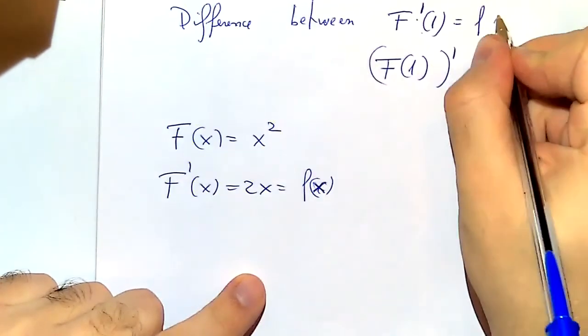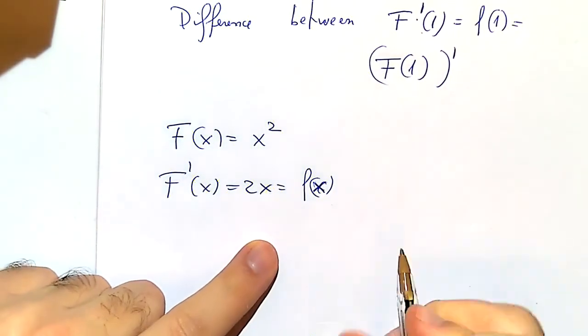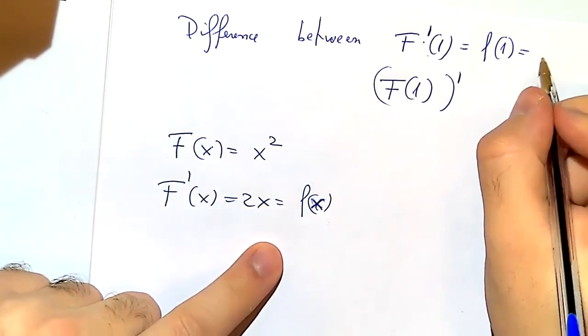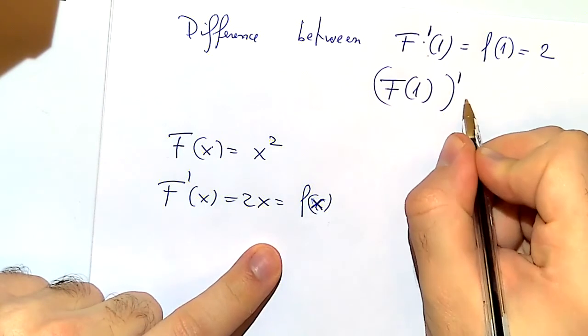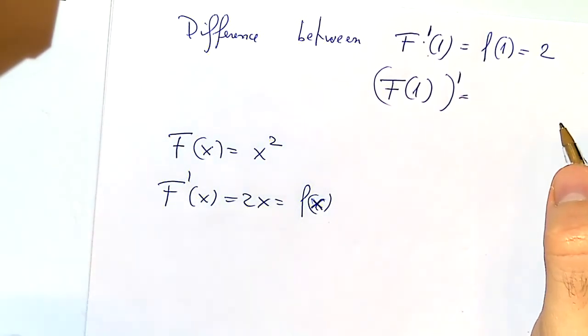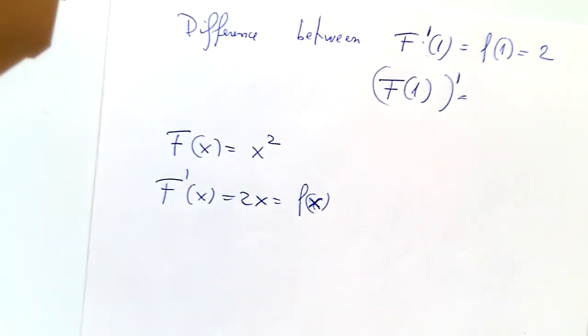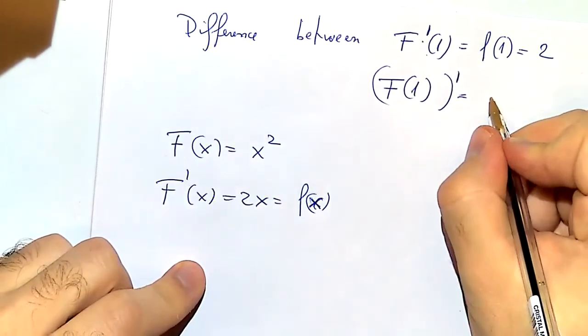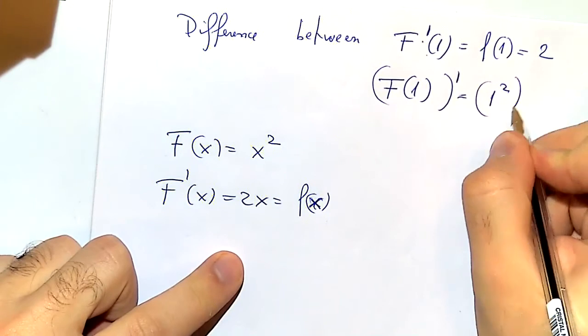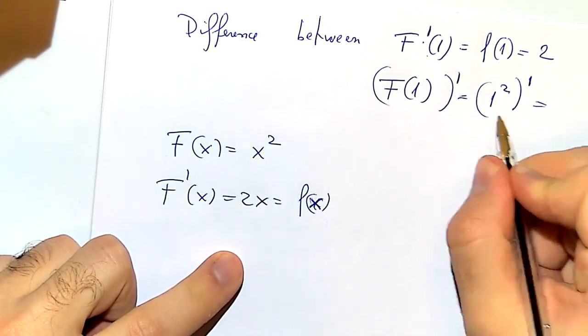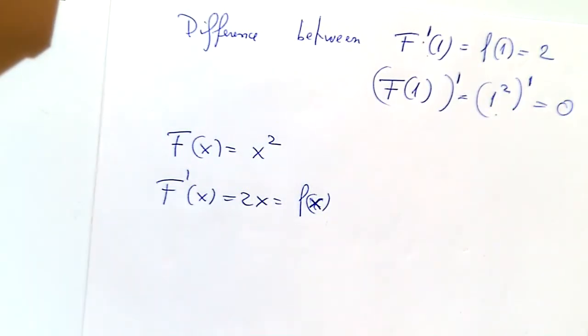So this is equal to f of 1, which is equal to 2. Now this is F of 1, the value of big F applied to 1, so 1 squared, everything derivative. This is a constant, so this is going to be 0. As you can tell, these two are completely different.